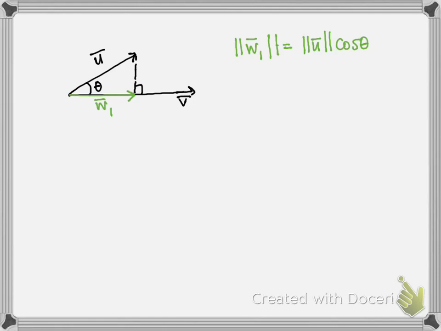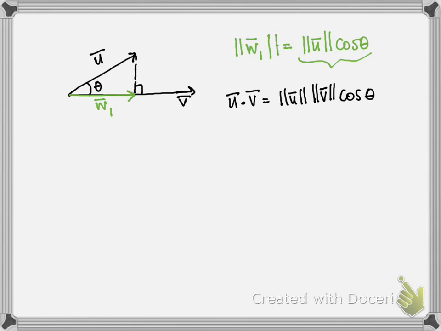So, if you notice, this expression is also sort of baked into the dot product. So let's just recall the dot product of u and v is, of course, norm u, norm v, cosine theta.